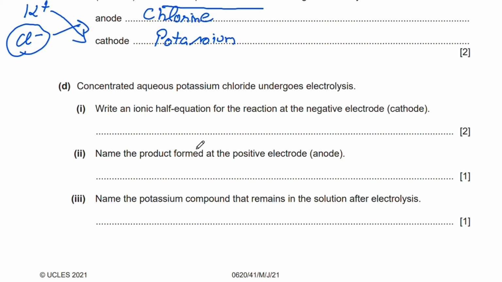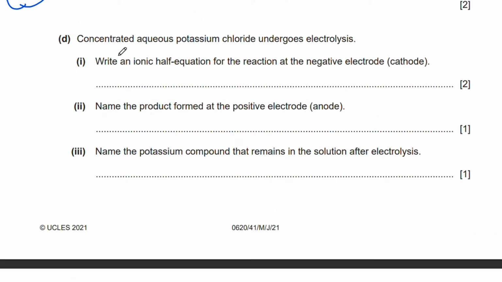Concentrated aqueous potassium chloride undergoes electrolysis. Write an ionic half equation for the reaction at the negative electrode. Now see, over here it is aqueous. Aqueous means it already has H plus and OH minus ions, as well as K plus and Cl minus ions.